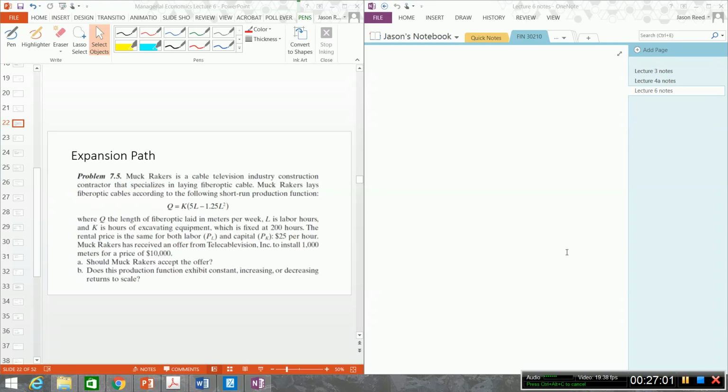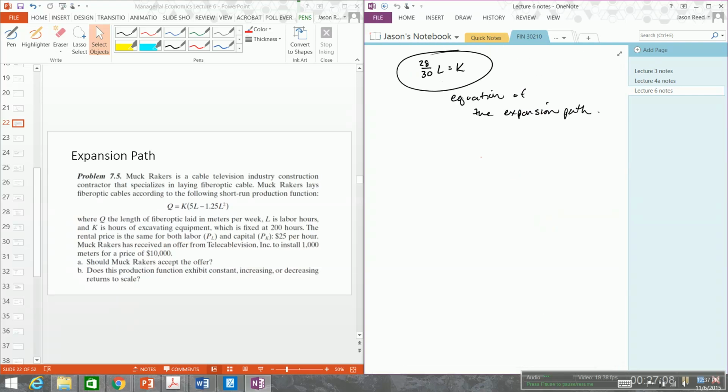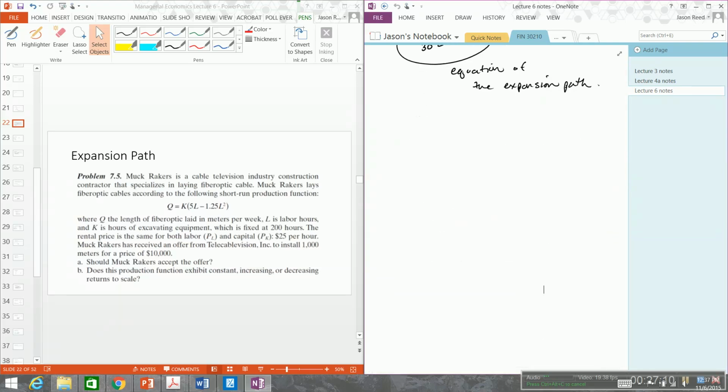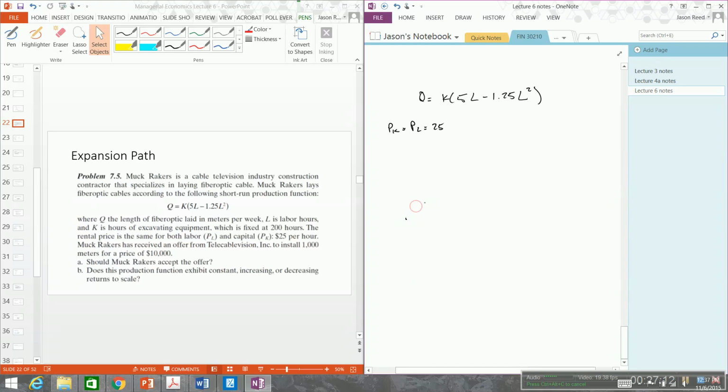And I think this is an interesting problem to go about solving here. We can begin solving this problem by plugging in some of the things that we know here. What we know is essentially that we want to create 1,000 units of length of fiber optic cable laid, and that we're going to use 200 hours of capital. So then we have 5L minus 1.25 L squared.